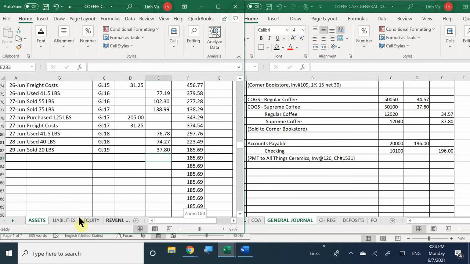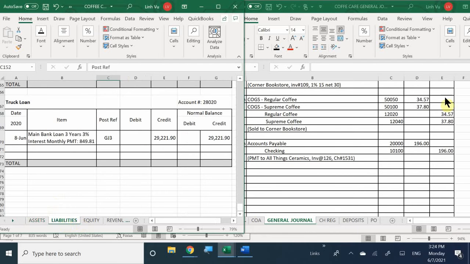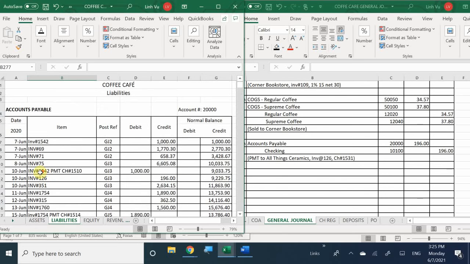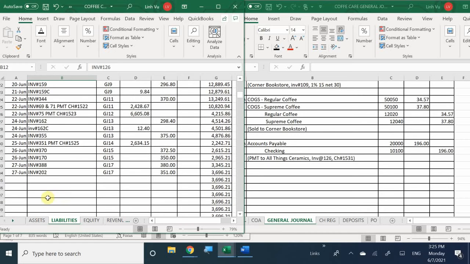Go under liabilities to accounts payable, which is account 2000, right at the top. Invoice 126.